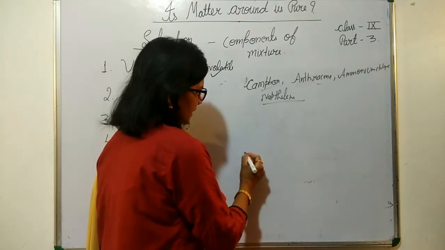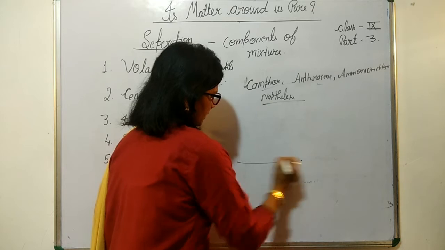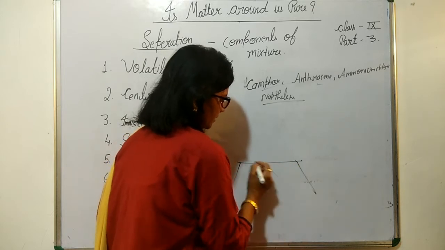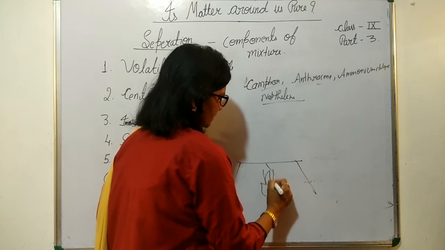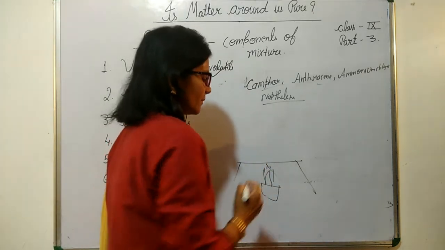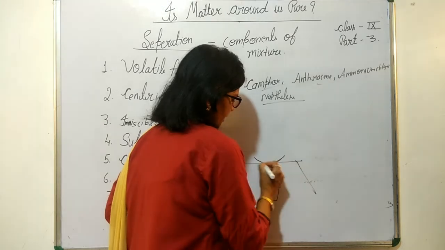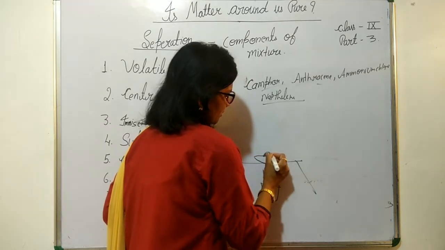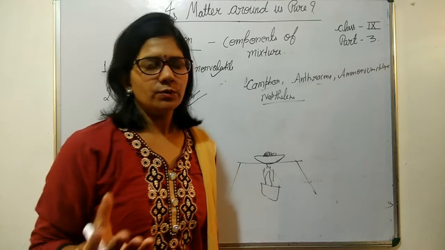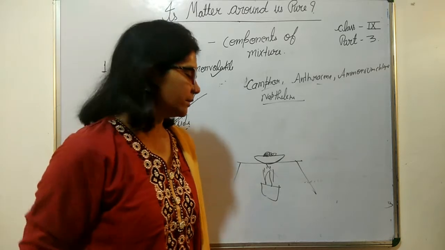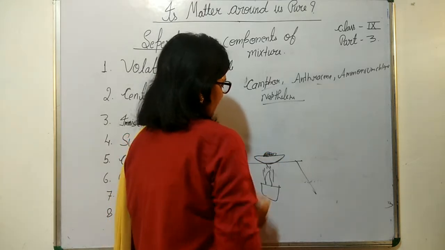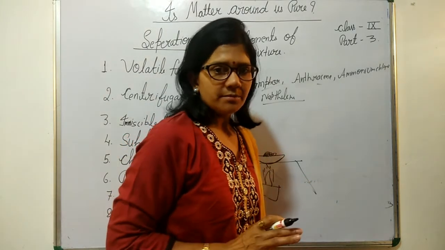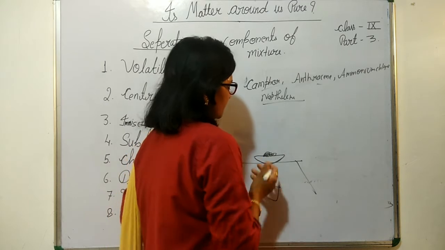It is your tripod, and here you will put your spirit lamp, and here is a china dish in which you will put your mixture, usually in powdered form. Because of this, it is not easy to separate, and it is usually of the same color also, so it is difficult to separate out.